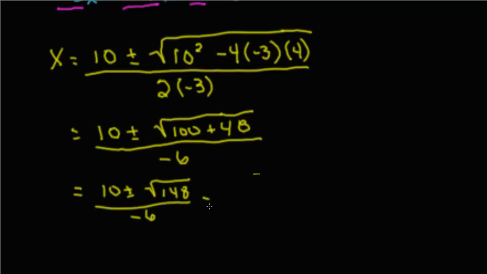And that is equal to, we can split this up now because they're both divided by a negative 6, a negative 10 over 6 plus or minus the square root of 148 divided by a negative 6.